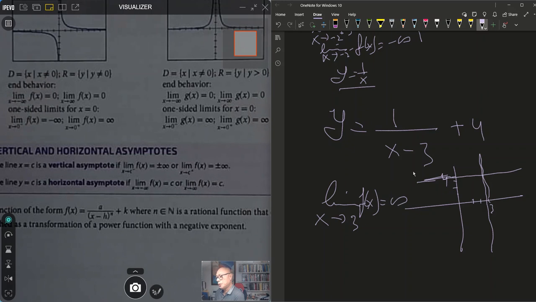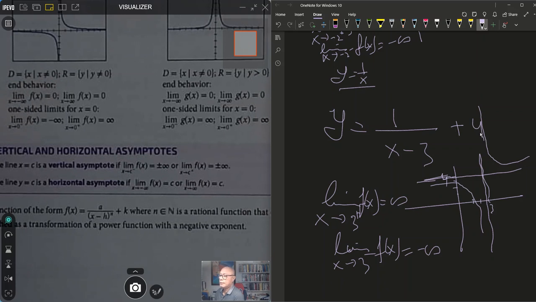When x goes to 3 from the left, the value would be negative because x is always less than 3. So f(x) goes to negative infinite. So going to 3 is like this from the right, and also from the left side would be like this.